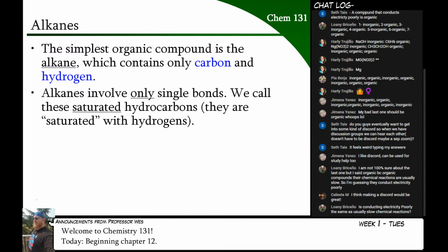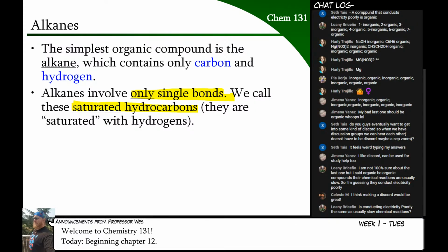All alkanes involve single bonds only. That's going to be our very important distinction here. We're going to have only carbons and hydrogens, and all of the carbons that are linked together will have only single bonds. An alkane that has only single bonds is called a saturated hydrocarbon.